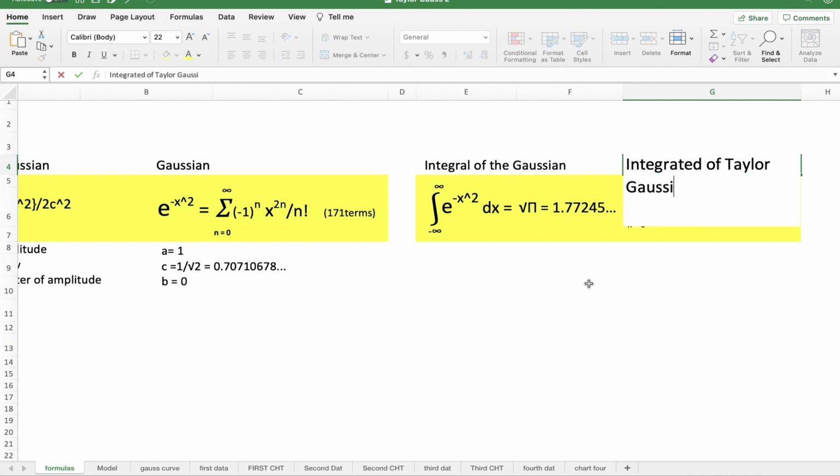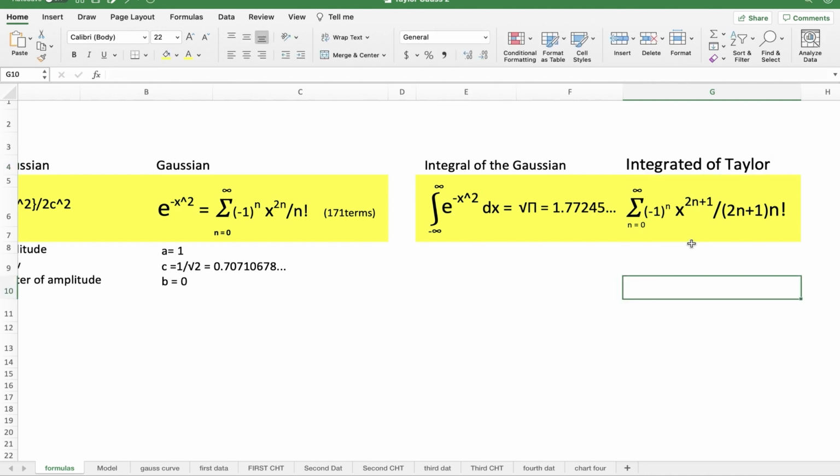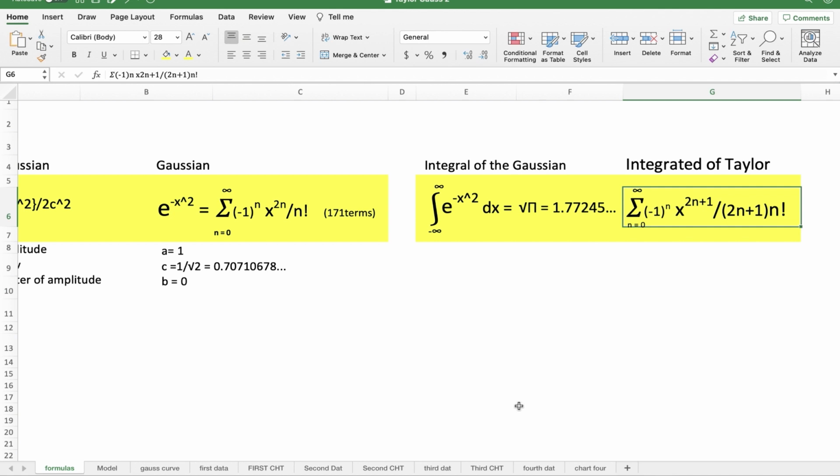So that's the interesting thing, is that this gives you the integral, and it's interesting. It's just like taking the integral of a polynomial, or x squared, and you increase the order of the variable by the power of 1.